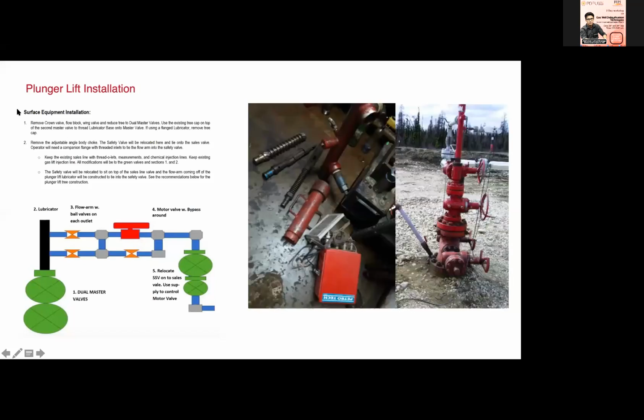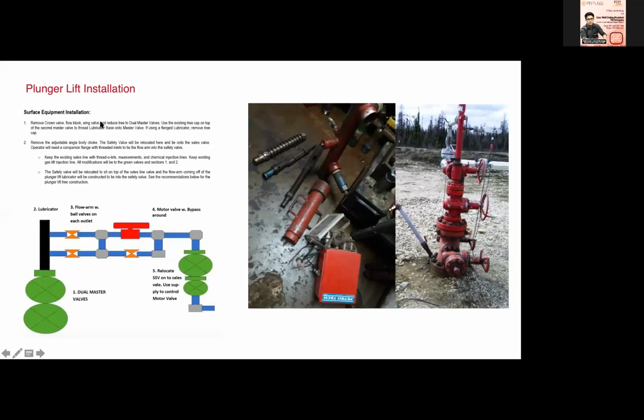And then after installing the bumper spring above the upper master valve, after removing your swab valve or the crown valve, it will look like this.